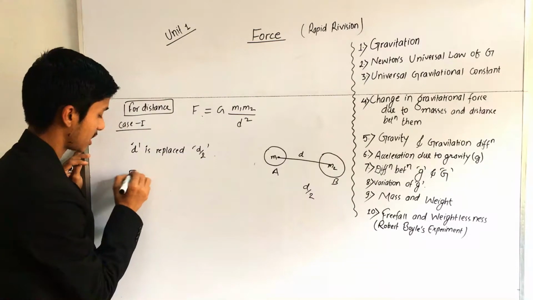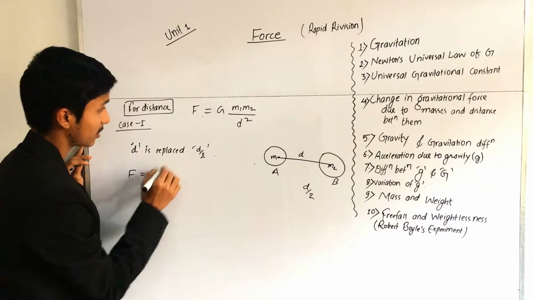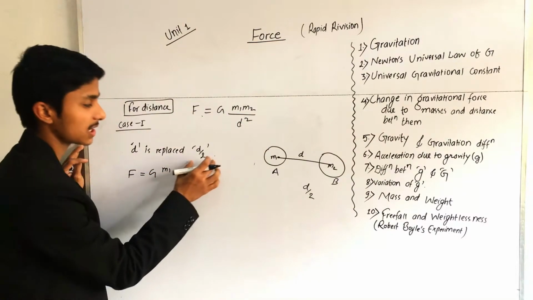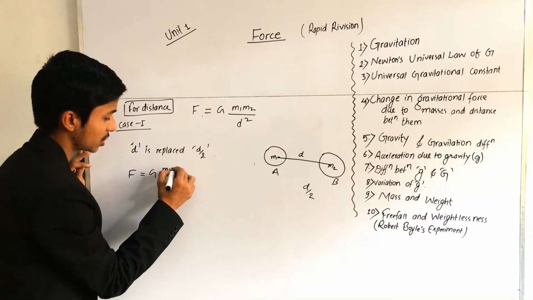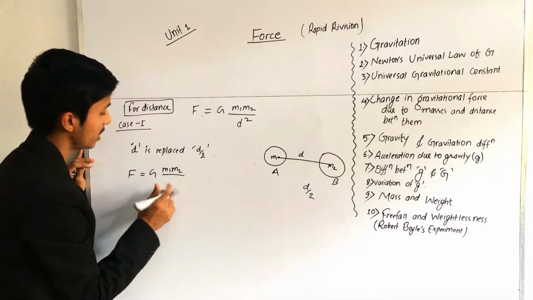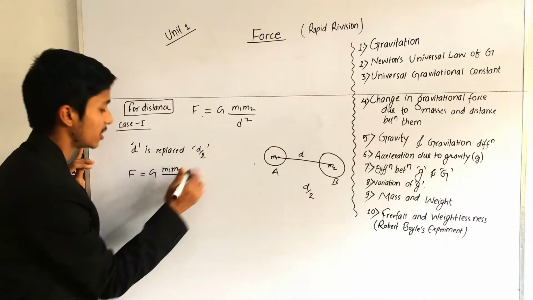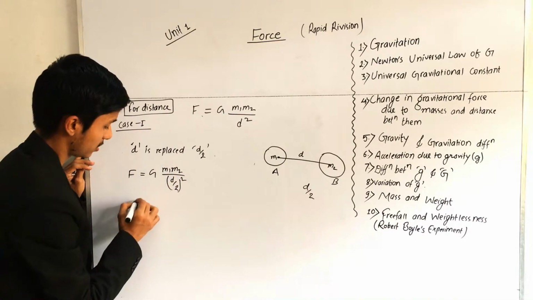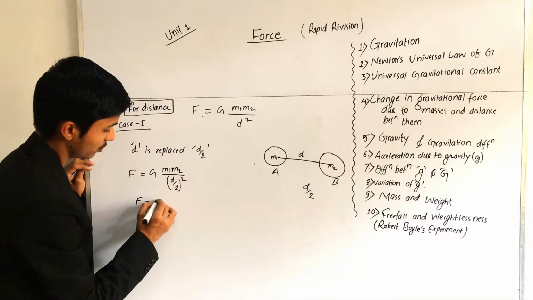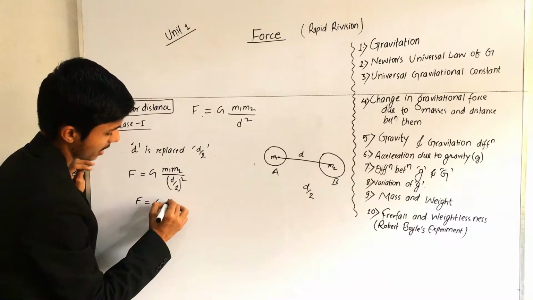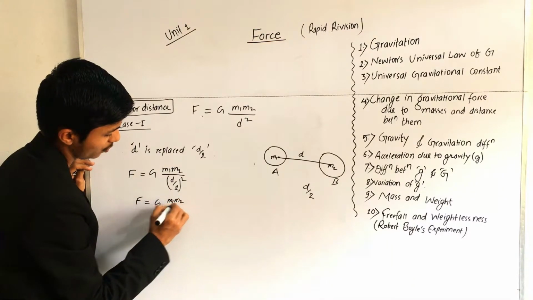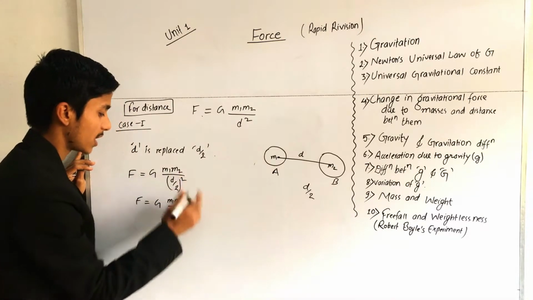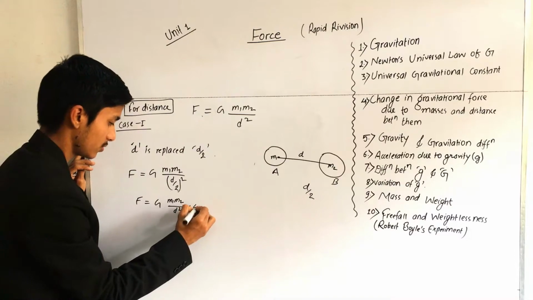We can write here F is equal to capital G. Here the masses are constant, m1 m2 by, and instead of d we can write d by 2 whole square. So F is equal to G m1 m2 by d square, and this 2 square will be here.